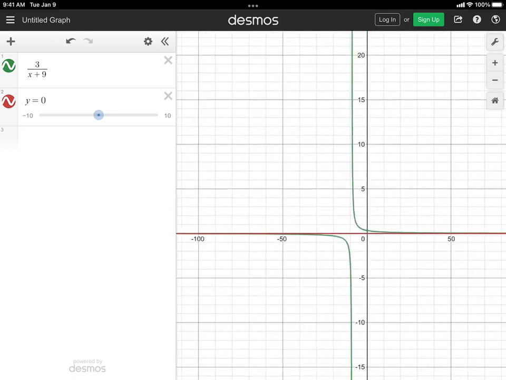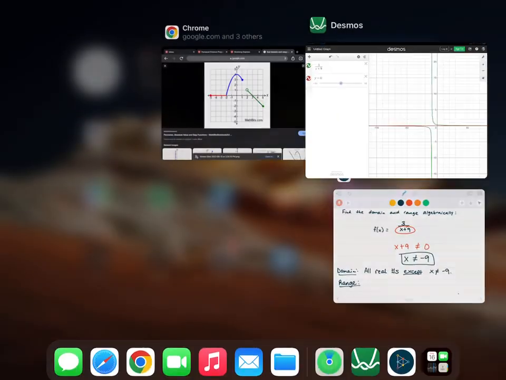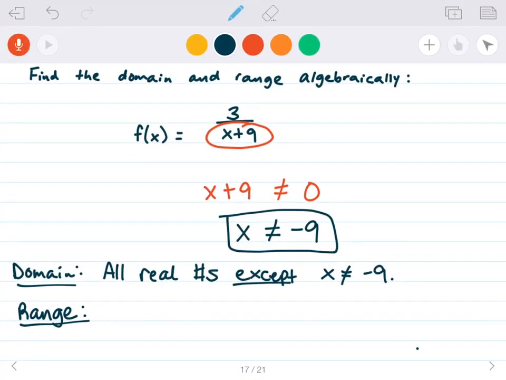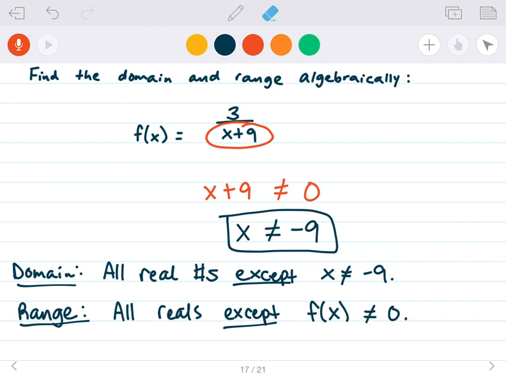Another way of seeing that is 3 over x plus 9: is there any x value you can put in here to give you an output of 0? No, there's not. 3 divided by what is 0? There's no such thing. So our range is going to be all reals except f of x can't equal 0. Okay, so that's our range.